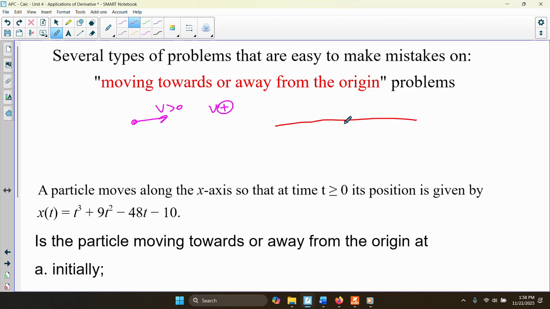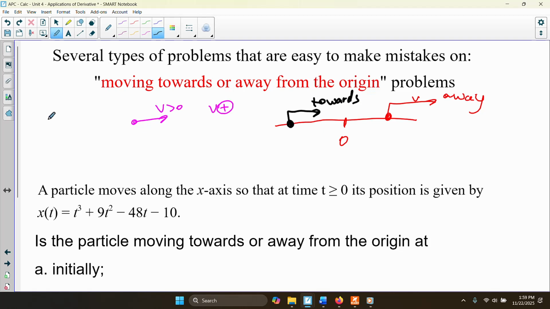If this is a number line and this is the origin, and you're on this side of the origin with positive velocity, you are moving away. However, if you are on this side of the origin and you still have a positive velocity, you are moving towards.